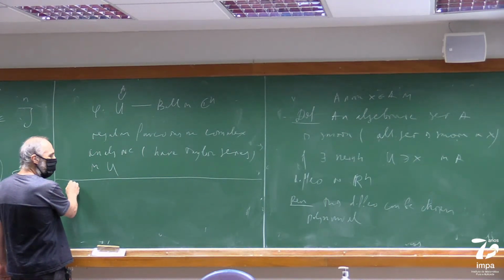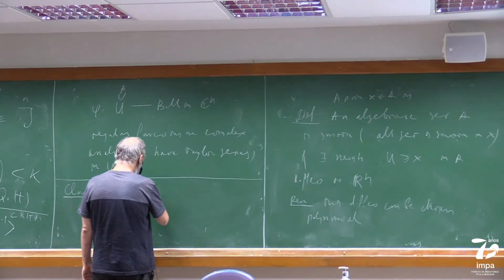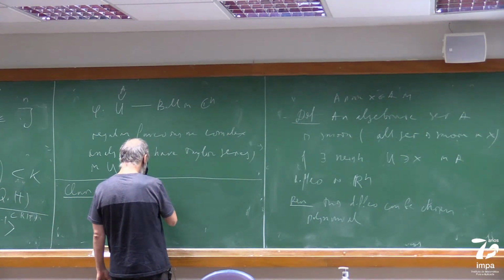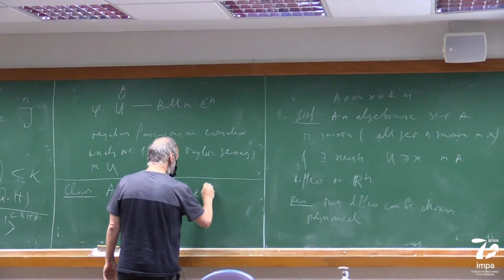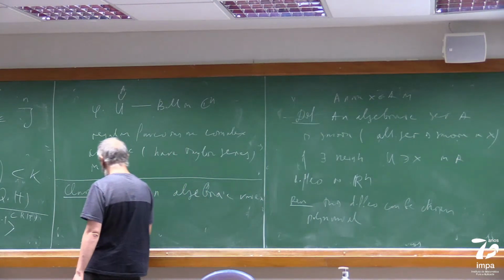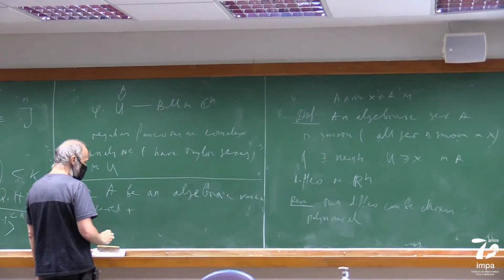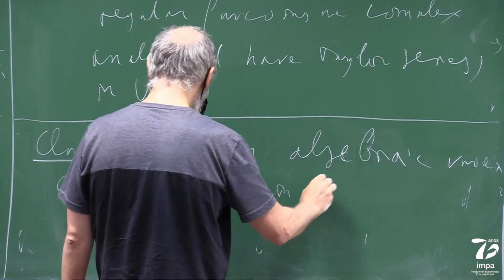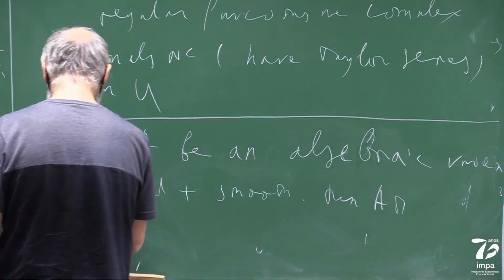So, claim: let A be an algebraic variety which is connected and smooth. Then A is irreducible.